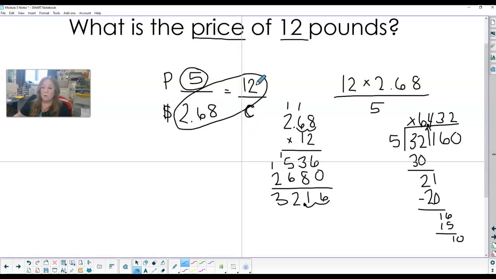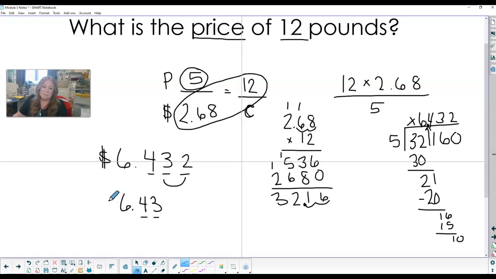So if I buy 12 pounds, that is going to cost me $6.43, right? We have one more place here, that 2, but that 2 isn't big enough to bump that 3 up. So it's just going to stay. So 6.432 or 6.43. When we're talking money, it has 2 decimal places.